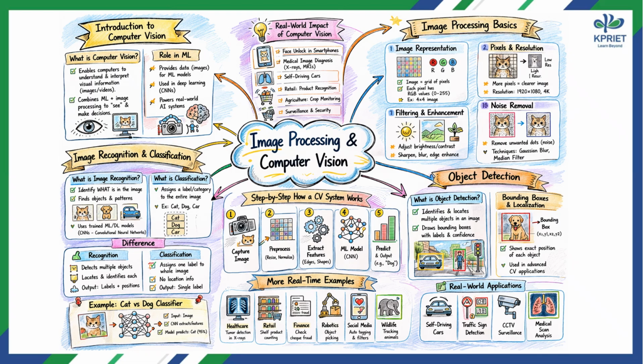Now the input is given to the ML model, here the convolutional neural network, and from there we are able to predict the desired output. Next is object detection, which identifies and locates multiple objects in an image and draws bounding boxes with labels and confidence. From this we can understand that when an image processing system becomes intelligent, it leads to a computer vision system.